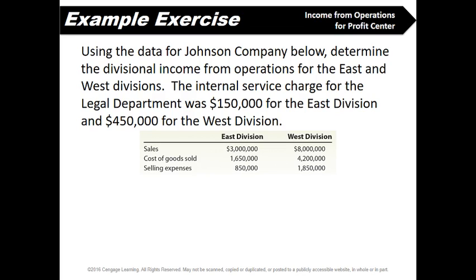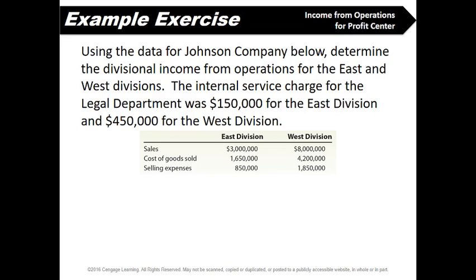Now we're going to use this data from Johnson Company to determine the divisional income from operations for the East and West divisions. The internal service charge for the legal department was $150,000 for the East and $450,000 for the West. So we have sales of 3 million, cost of goods sold of 1.65, and selling expenses of 850 for the East Division. Give me just 1 minute.